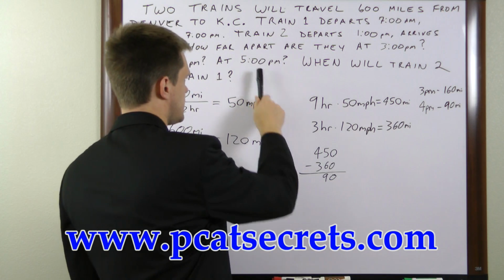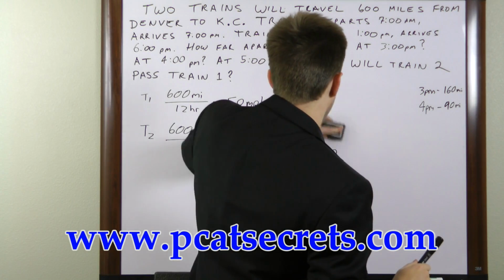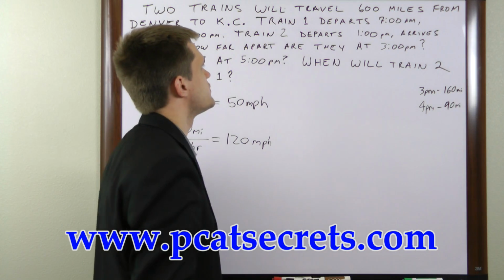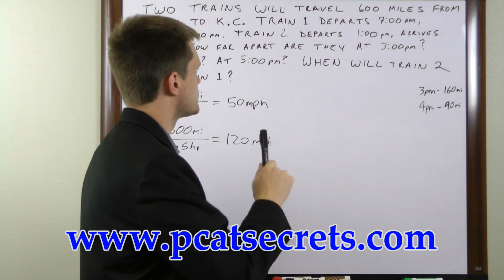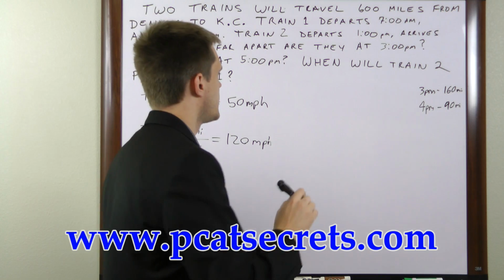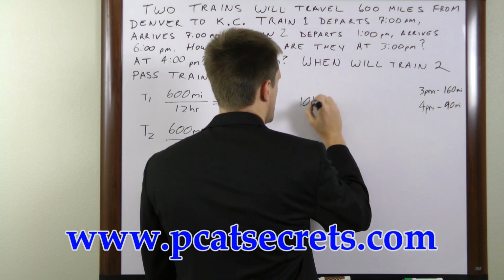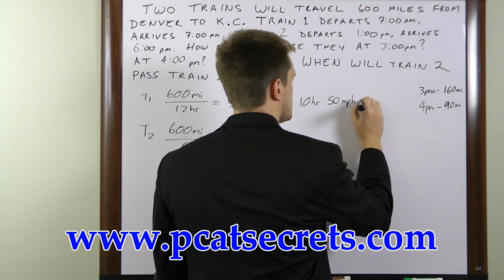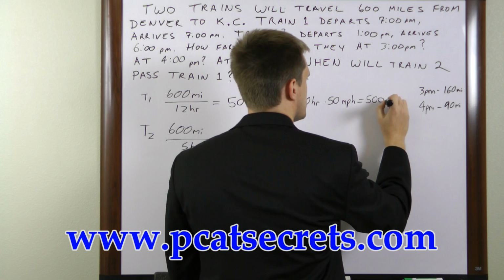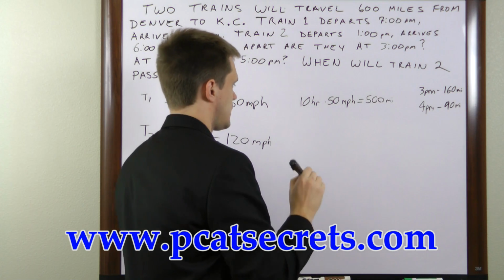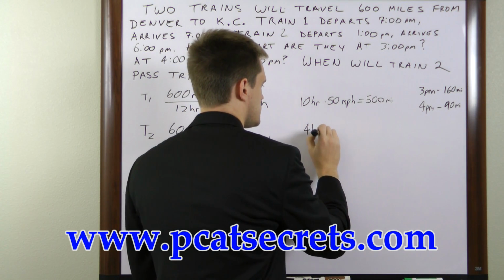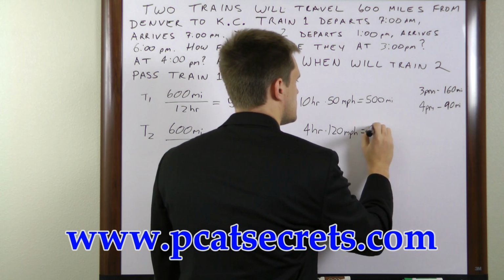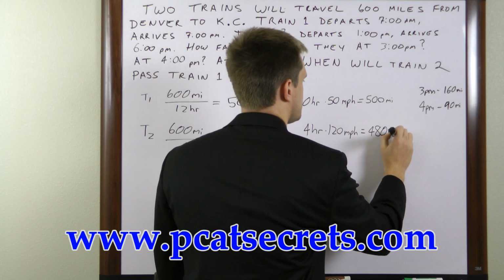And so now we just need to calculate 5 p.m. At 5 p.m., train 1 has been traveling for 10 hours, and train 2 has been traveling for 4 hours. So we have 10 hours times 50 miles per hour is 500 miles. And 4 hours times 120 miles per hour is 480 miles.